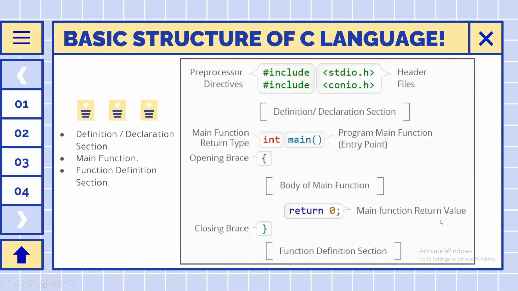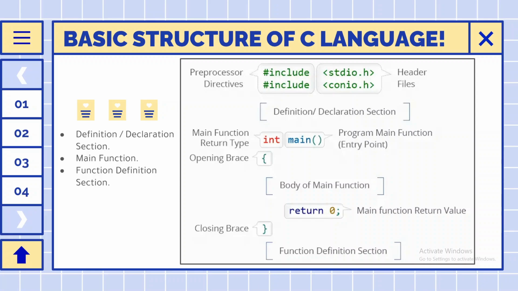So the basic structure of C language is of three parts: definition or declaration section, the main function, and the function definition section. The definition or declaration section contains all the header files and preprocessor directives which help to run the code.